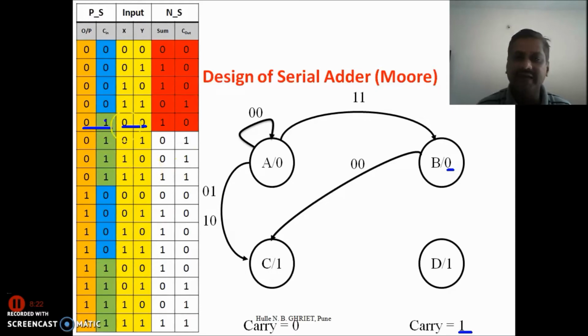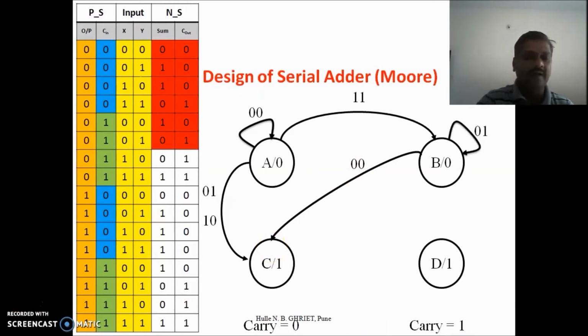Carry is 1, inputs are 0 and 0, so the sum will be 1 and the carry will be 0. This is nothing but 1 0, and 1 0 is state C. So for 0 0 input, the next state will be the C state.